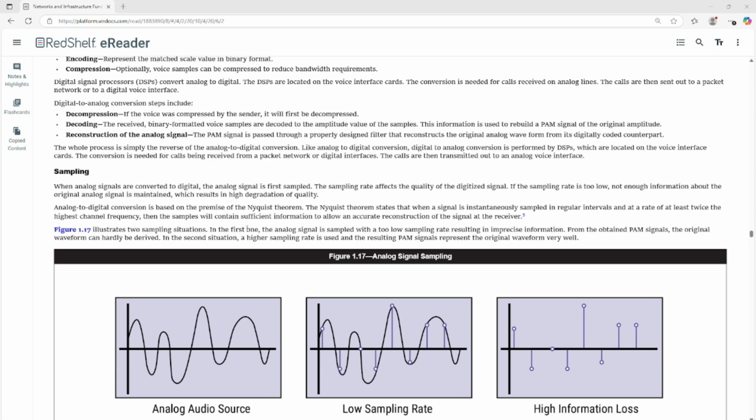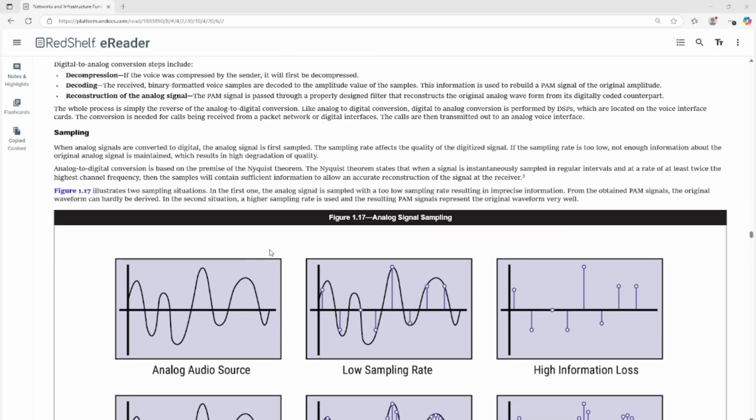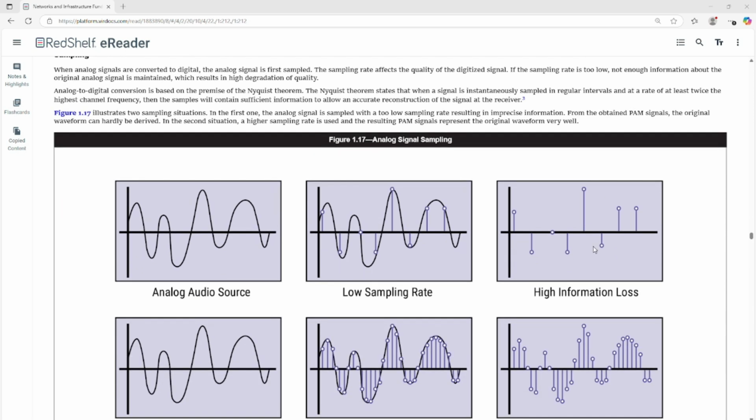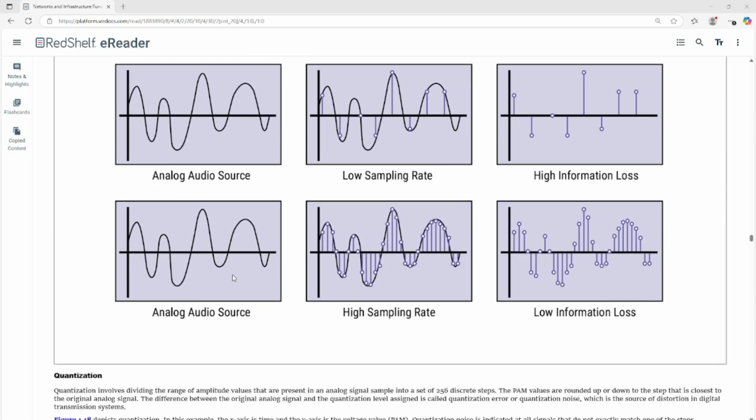In the first one, the analog signal is sampled with too low a sampling rate, resulting in imprecise information. From the obtained PAM signals, the original waveform can hardly be derived. In the second, a higher sampling rate is used, and the resulting PAM signals represent the original waveform very well. So that's it. Read that.